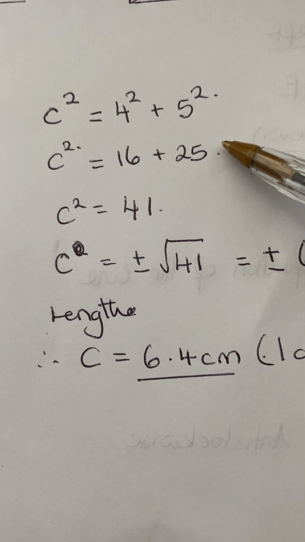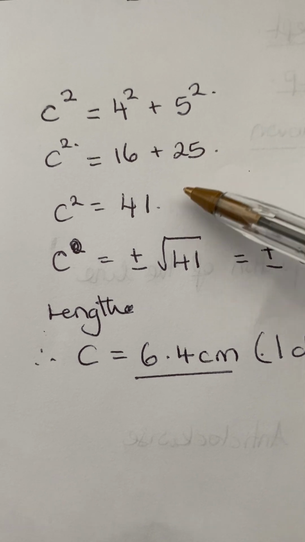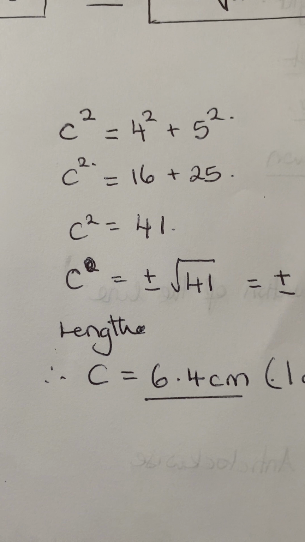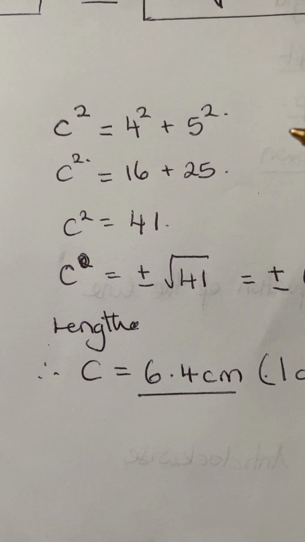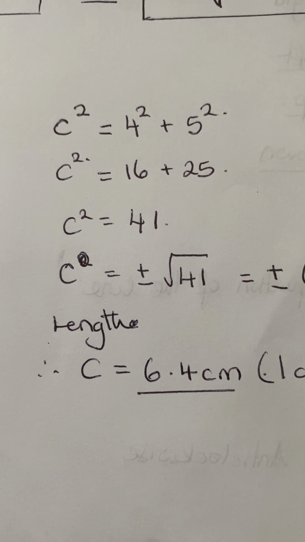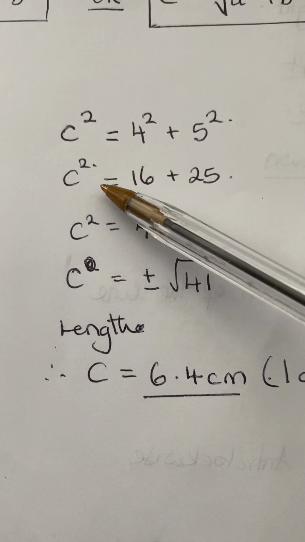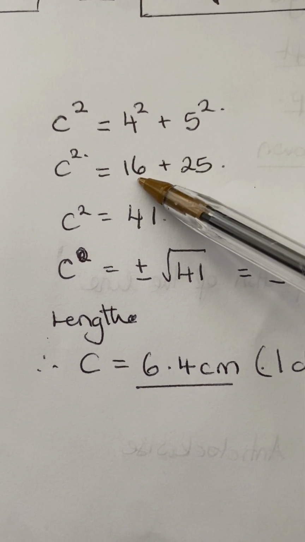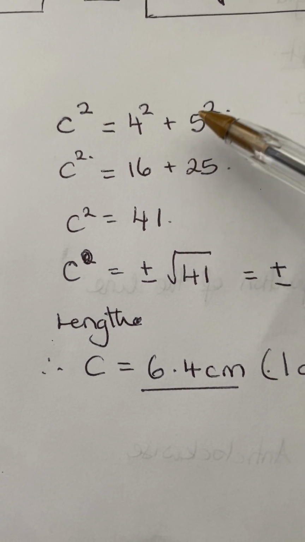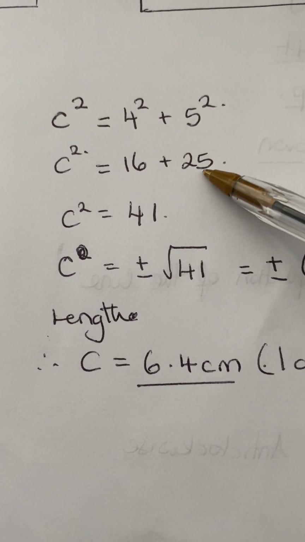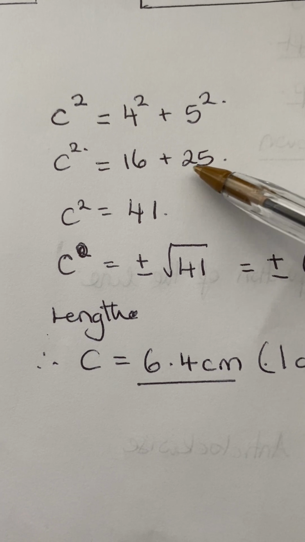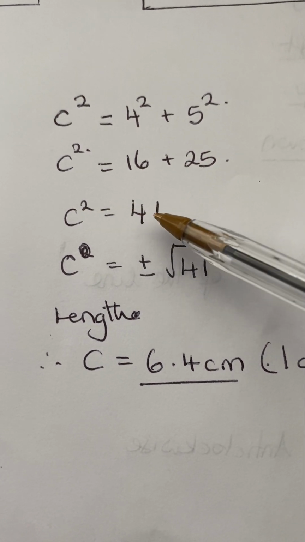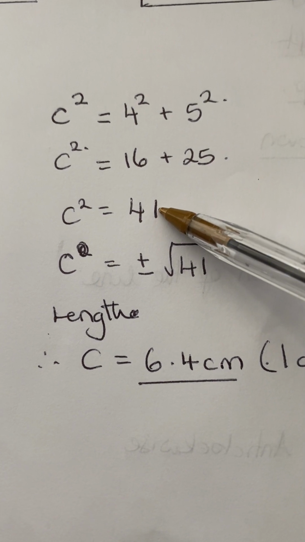Again, this is an opportunity for you to practice the use of your calculator. So C squared will be equal to 4 squared, which is 16, plus 5 squared, which is 25. If you add both, you get C squared is 41.